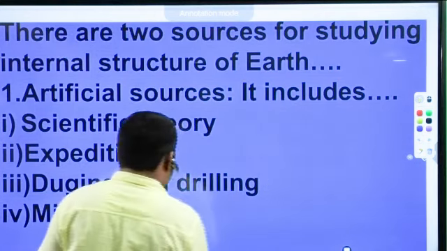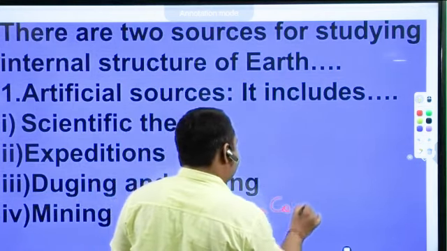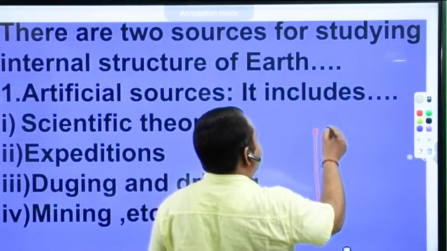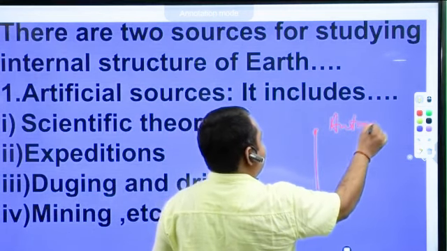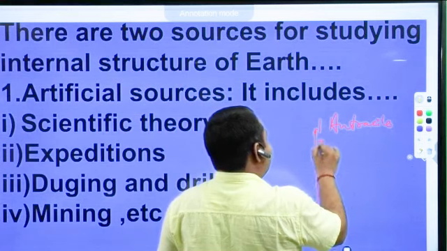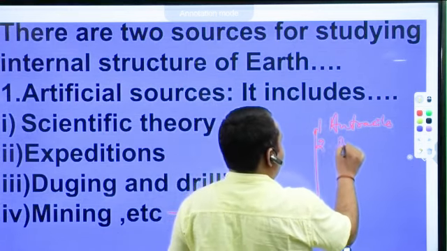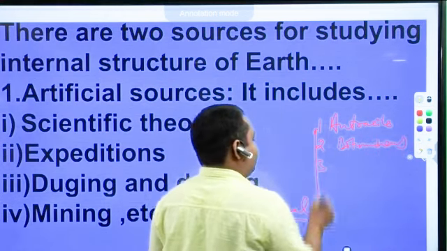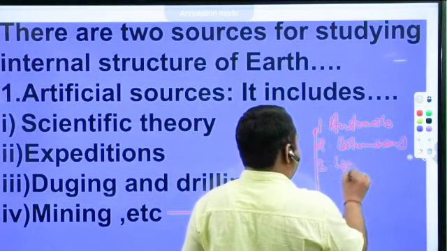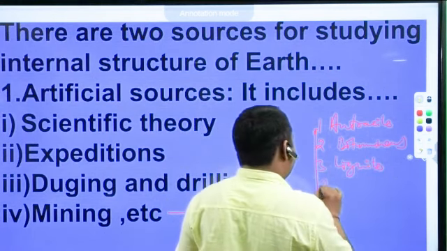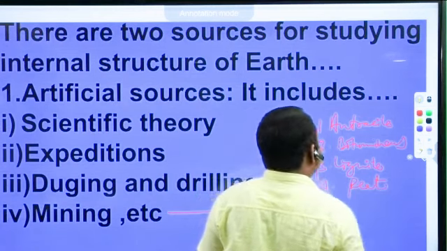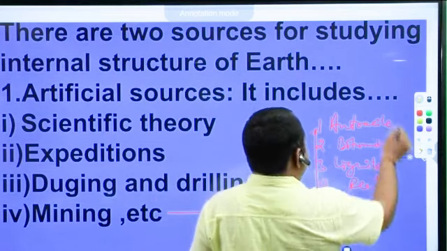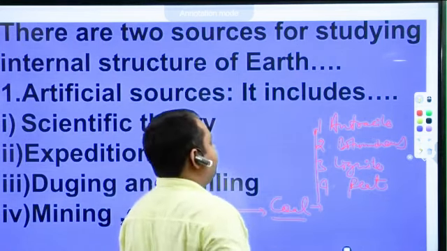If we consider the example of coal, there are basically four types: one is anthracite, second bituminous, third lignite, and fourth peat. These are the four main varieties of coal, and they are available with increasing depth.